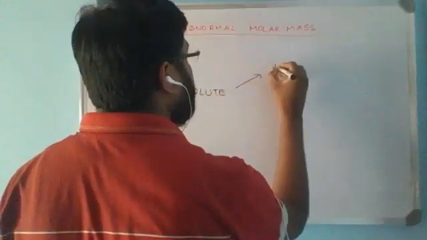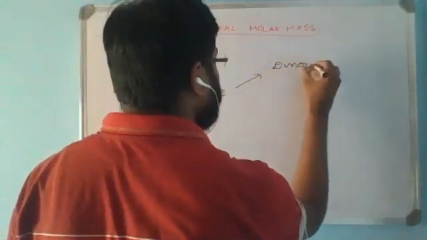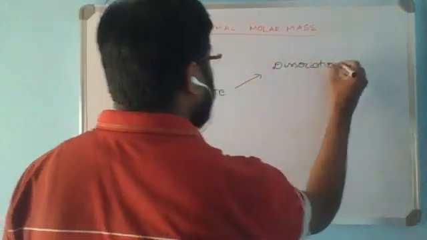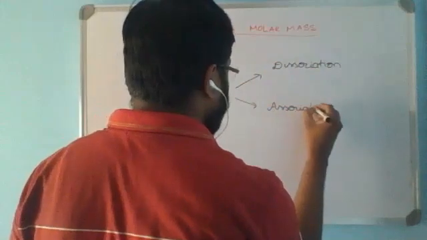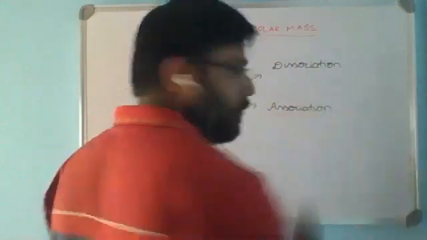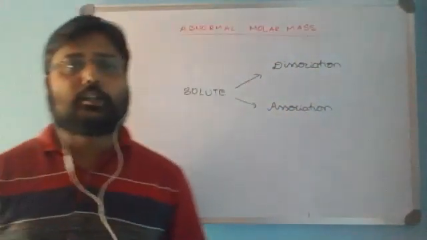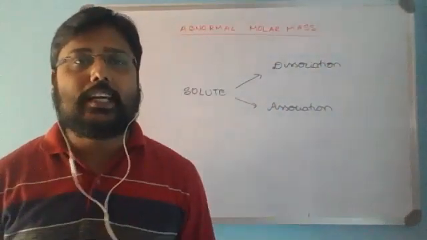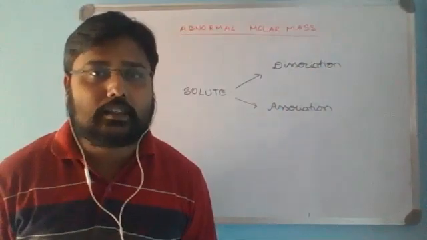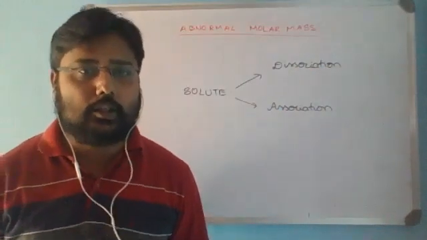This will be due to either the solute undergoing dissociation in the solution, or the solute undergoing association in the solution. In either case, we can expect abnormal molar masses in the solution.